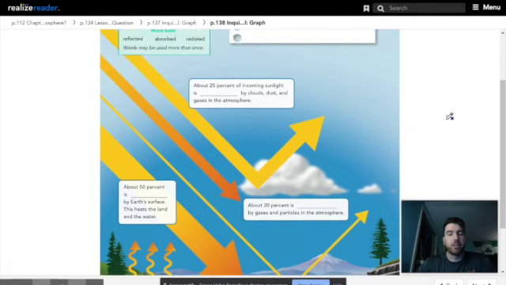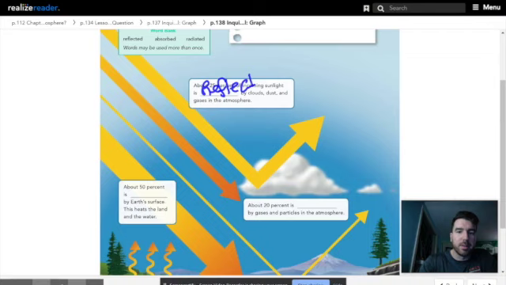All right, so for this first question, you needed to decide between reflected, absorbed, and radiated. And if you said about 25% of incoming sunlight is reflected by clouds, dust, and gases in the atmosphere, you are correct. So we're going to write reflected for that one.